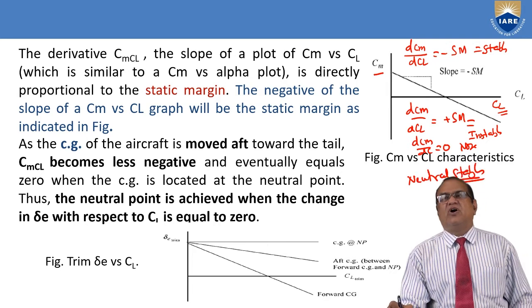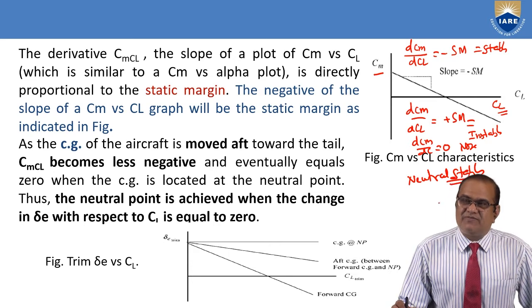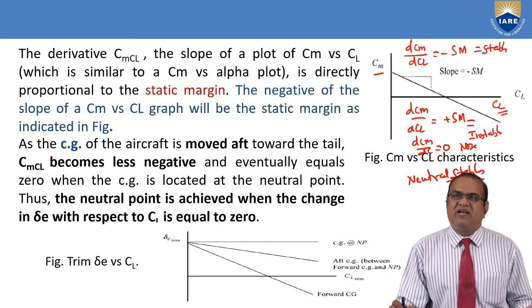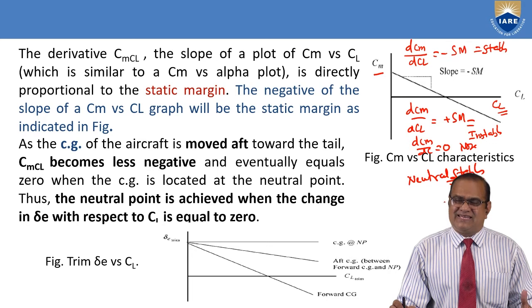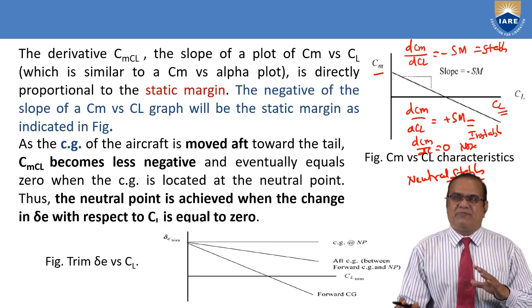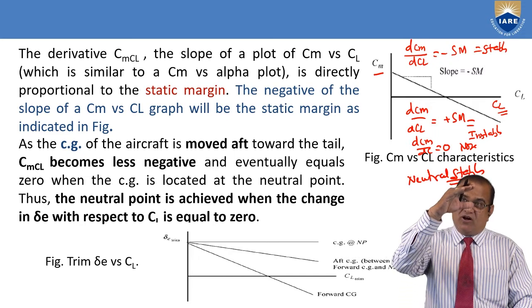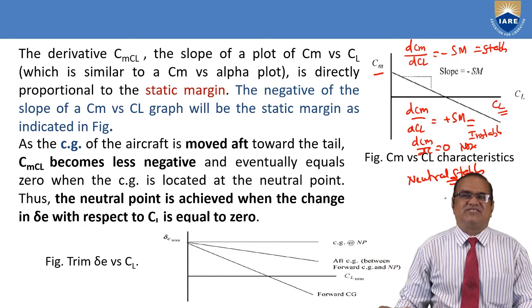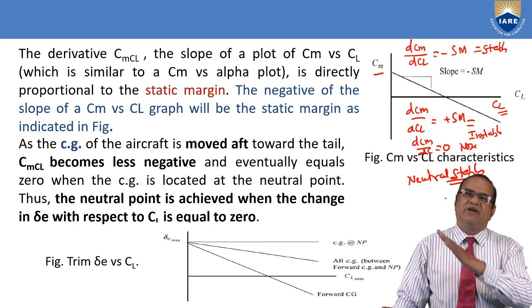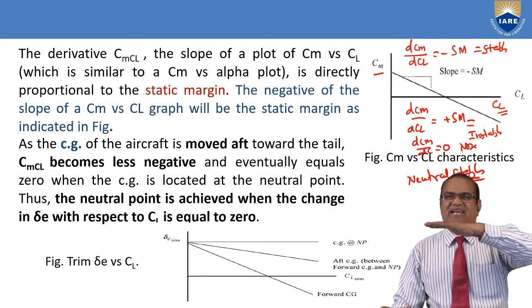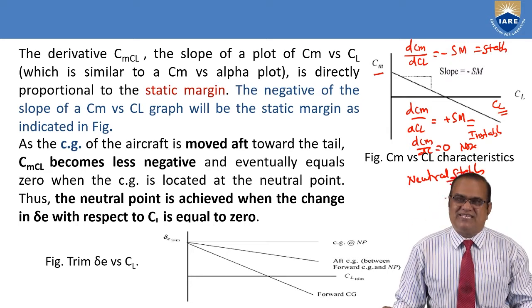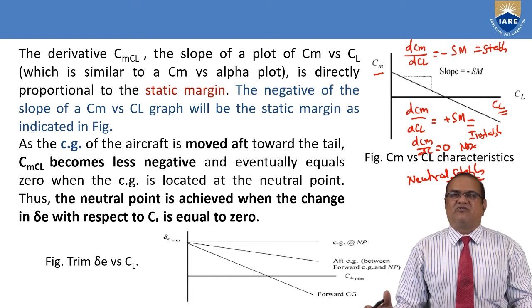So in this way also we can find out that aircraft is stable if you know the coefficient of lift and the coefficient of moment. If you draw the plot of different ranges and the plot is going from top to bottom, then it is stable. If from bottom to top, it is unstable, and if it is horizontal with respect to the CL, then it is neutral stable.